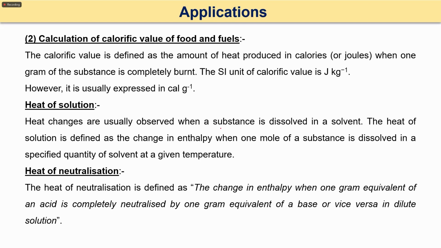The calorific value is defined as the amount of heat produced in calories when 1 gram of a substance is completely burned. So if you burn 1 gram of substance, the amount of heat produced is what we call the calorific value.